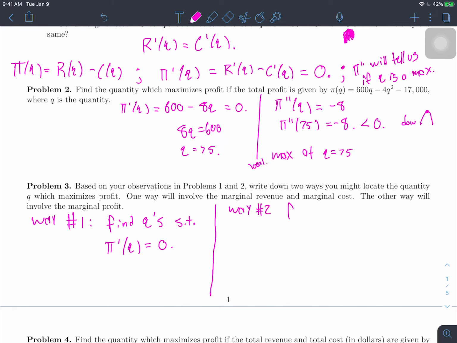Way number 2, find Q's such that R prime of Q equals C prime of Q.